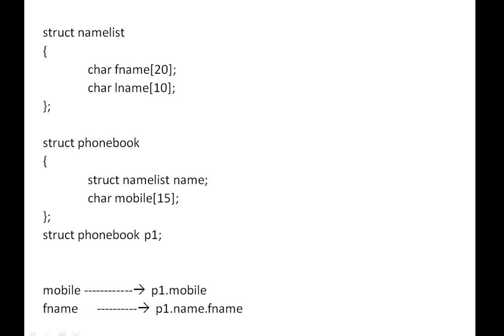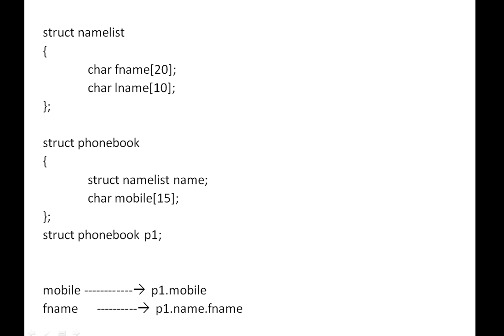This is the way to read it. If we are reading directly from nameless, we can give name dot f name, name dot l name, but we are referring to this as an element of another structure. So you have to take p1 dot name dot f name.